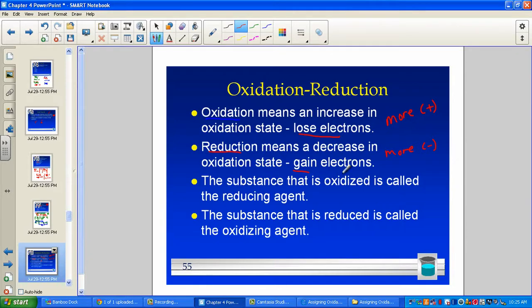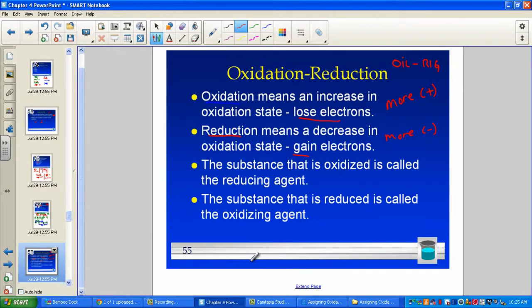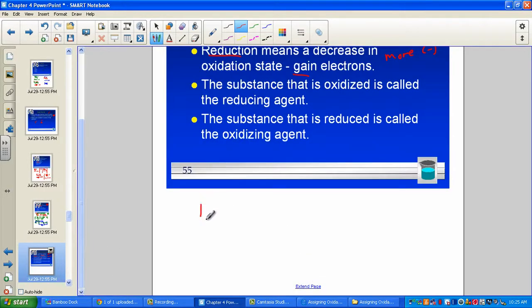There's a little saying that helps me remember oxidation and reduction. Some teachers I've heard use the term OIL RIG: Oxidation is loss, reduction is gain. However, the one that I've always used is LEO and GER.